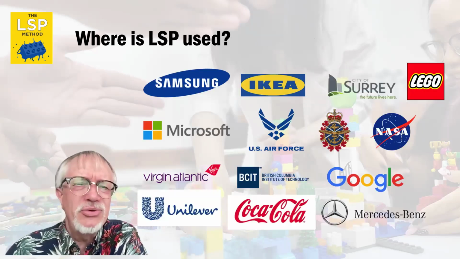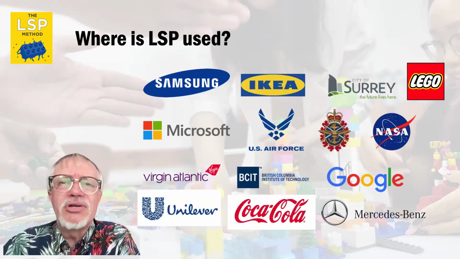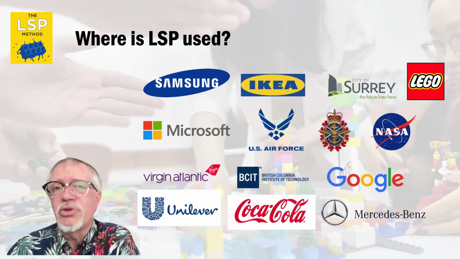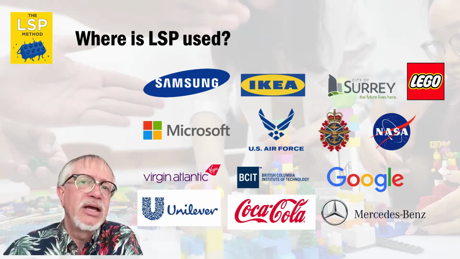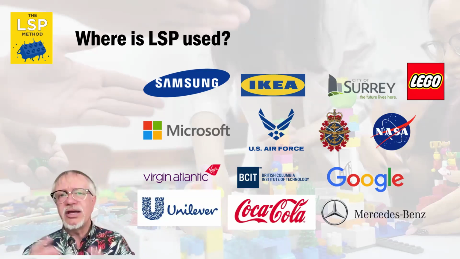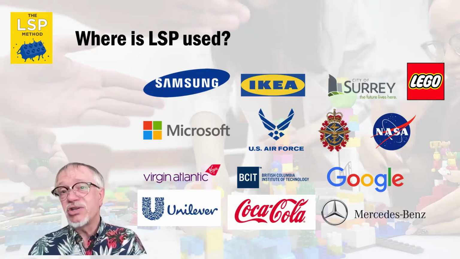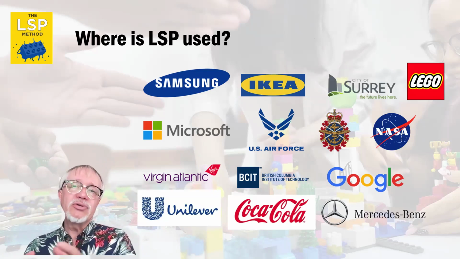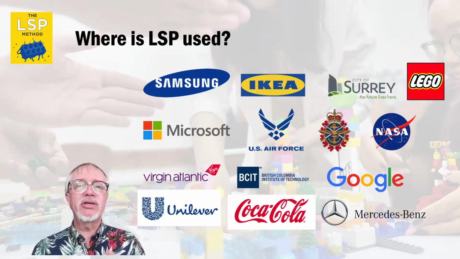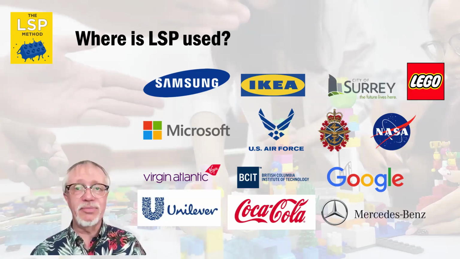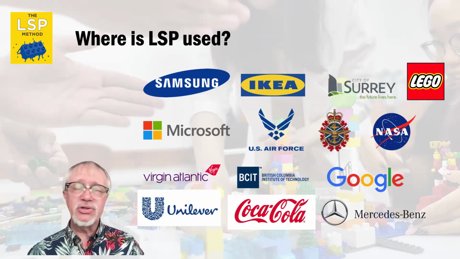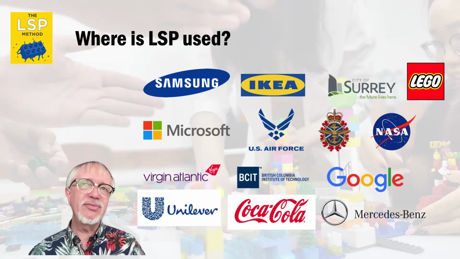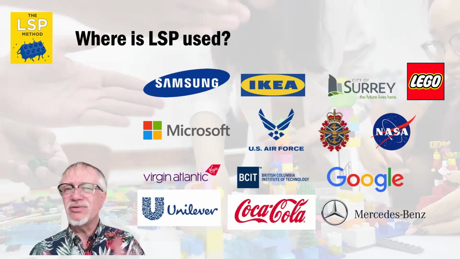But where is this being used? Well, Lego Serious Play initially started with the Lego Group, in the late 1990s. Then they formed a management consultancy unit within Lego that was taking the Lego Serious Play methods out to other major companies. In 2010, they came to the point where they said, no, we aren't a management consultancy.